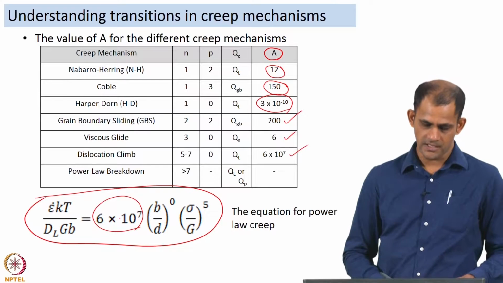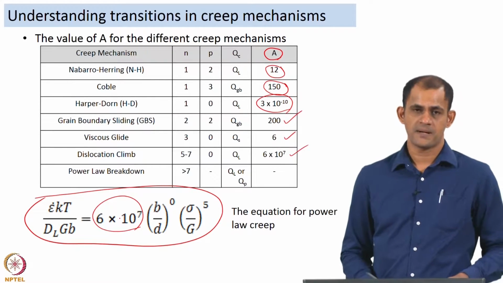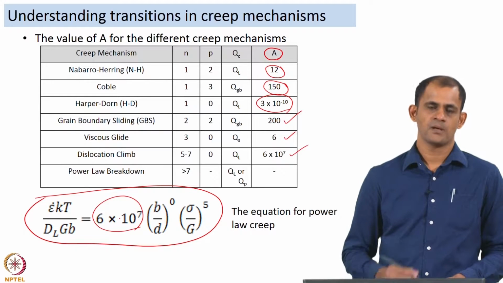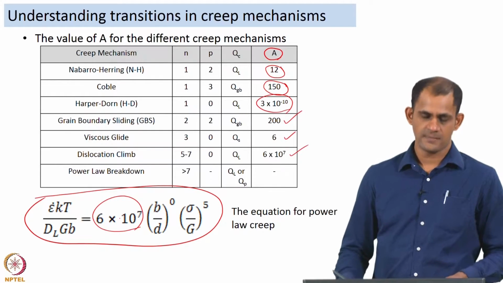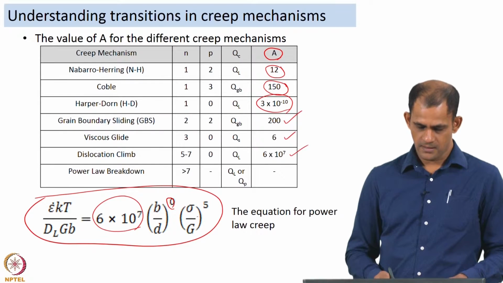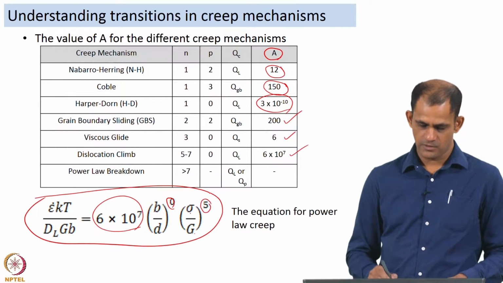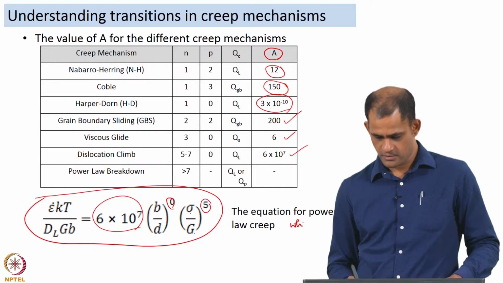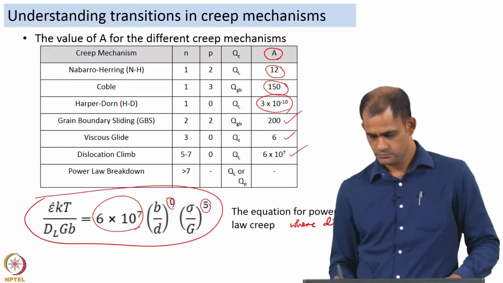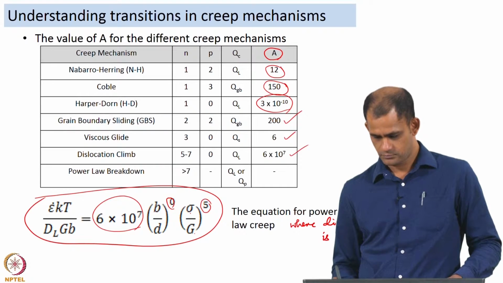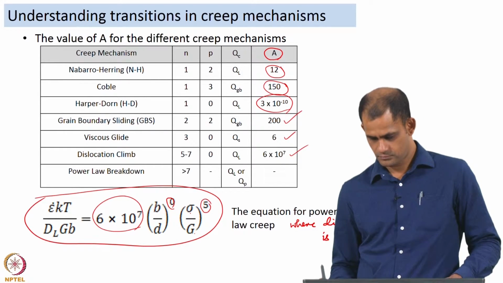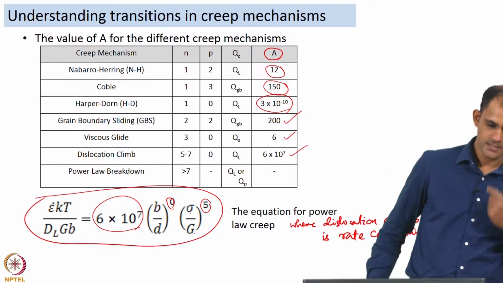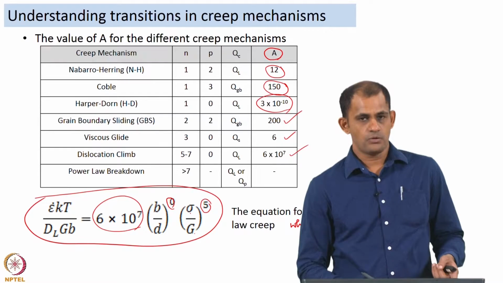That is included here, and we know there is no grain size dependence, because in power law creep the deformation behavior is grain size independent. So, p is equal to 0, and then you have normalized stress with that of shear modulus, sigma by G, with the exponent equal to 5. So, this is the equation for power law creep where dislocation climb is rate controlling.